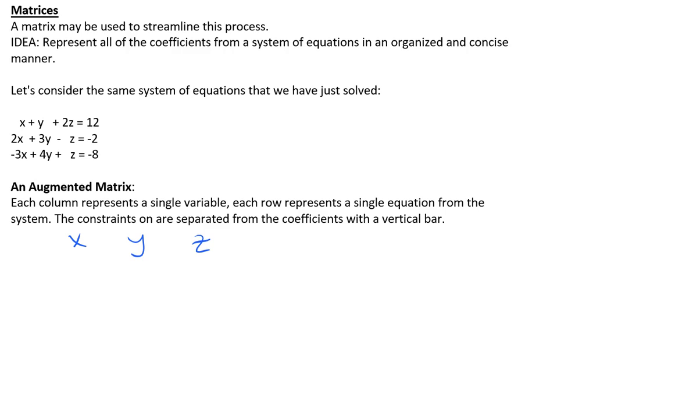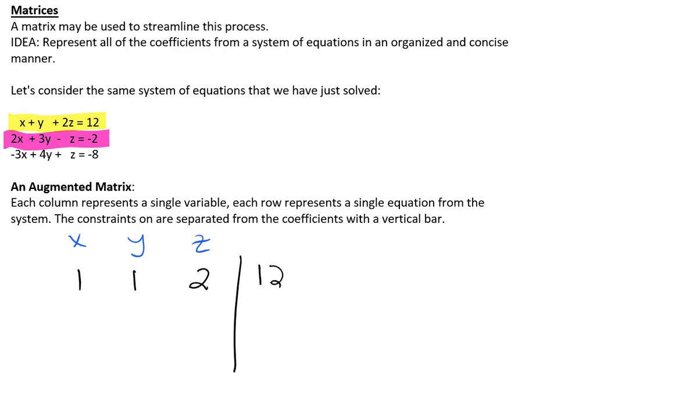So let's start with the first equation. If I read the first equation from left to right, I can see that I have 1x, 1y, and 2 z's. So I have 1x, 1y, 2 z's, and then I also need to include that constraint, the 12. This is what makes this an augmented matrix, because we are going to include everything on the right-hand side of the equals sign, and we'll indicate that by a vertical bar. Now let's look at the second equation.